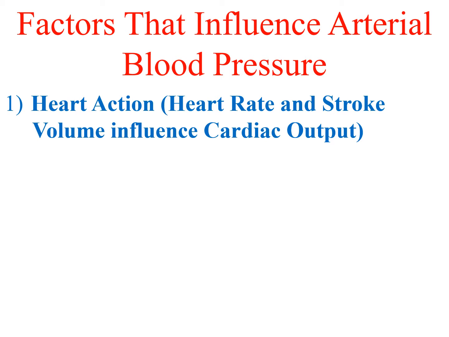It's quite a range. And then we have another term, which is stroke volume. Both of these factors, heart rate and stroke volume, are going to impact the cardiac output. And again, let's remember we're talking left ventricle blood output here.